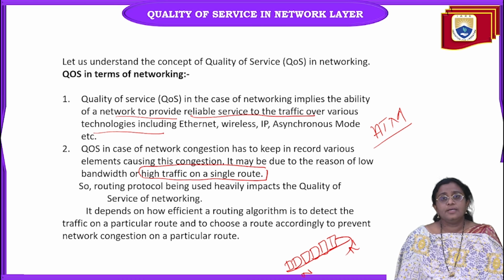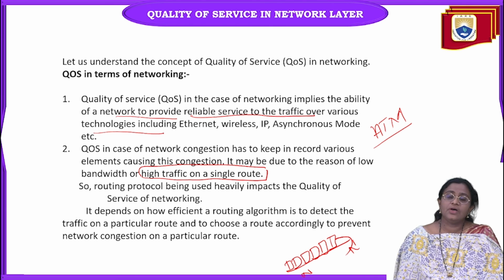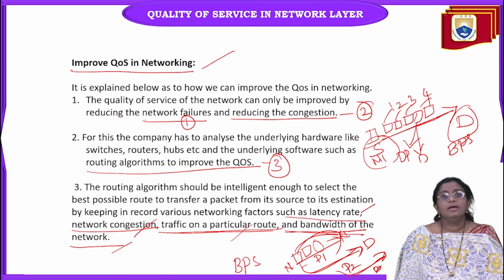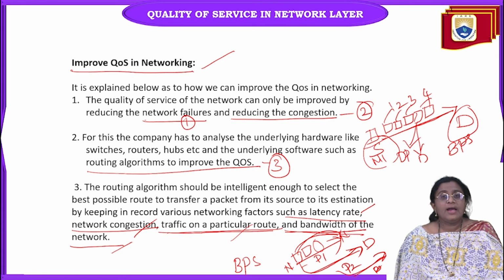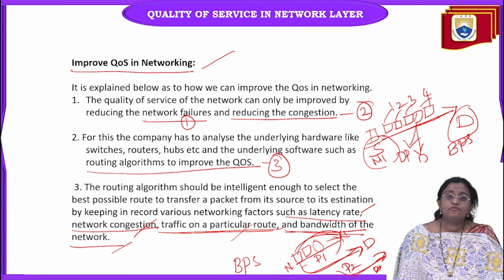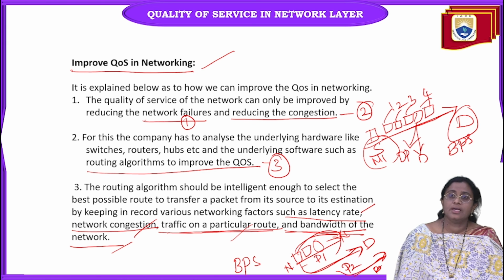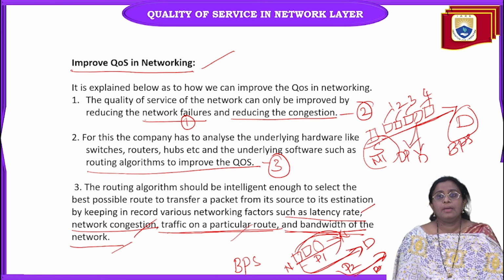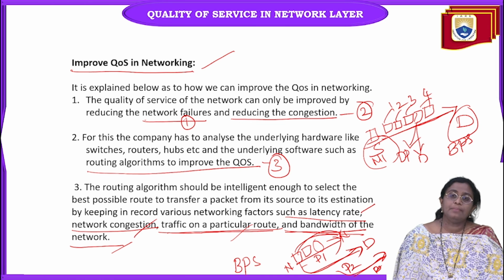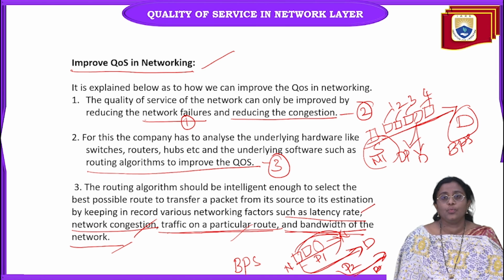And how does QoS work in networking at the network layer, and what factors should influence improving QoS in networking, like avoiding network failures, reducing congestion, and developing routing algorithms to improve QoS.